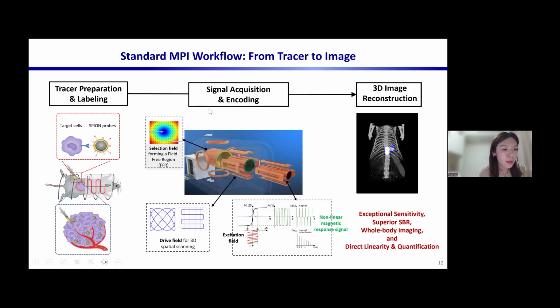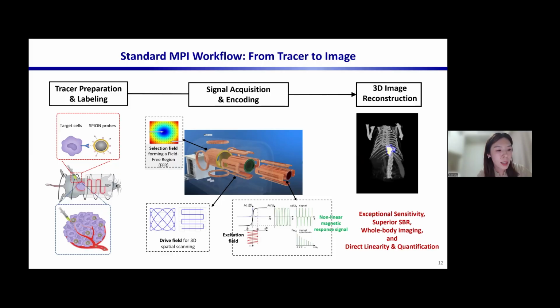Then comes the physics. The subject is placed in the MPI scanner, where we use the gradient field to create a field-free point and scan the object to capture the magnetic signals. Finally, through mathematical reconstruction, we transform the raw voltage signal into a high-resolution 3D quantitative image.